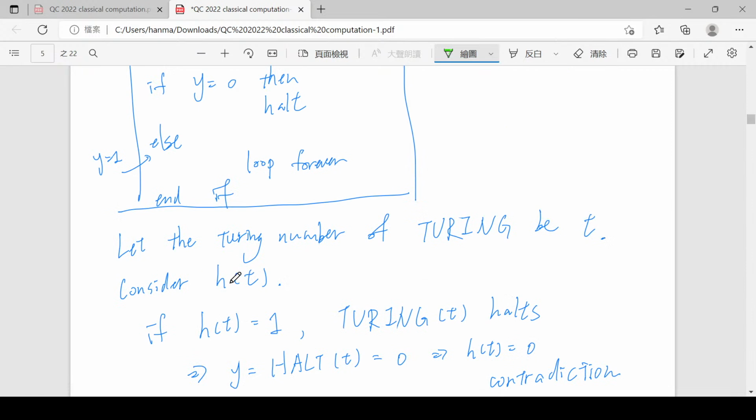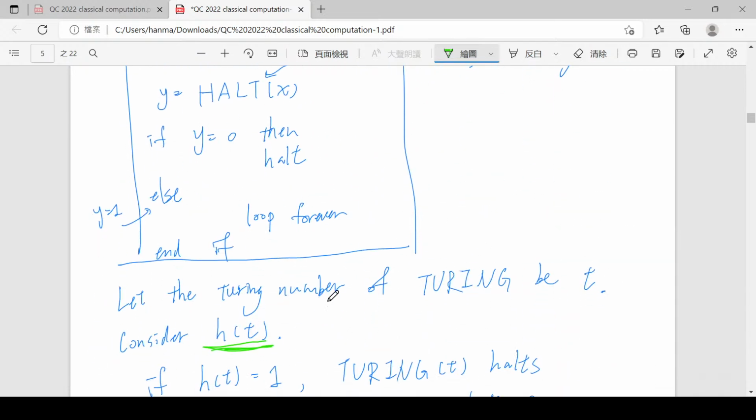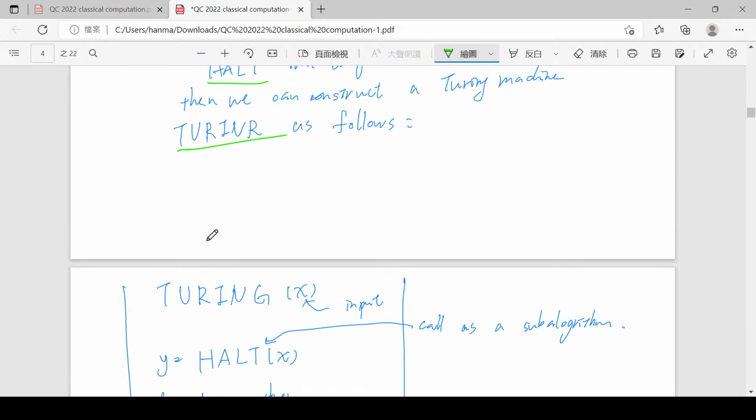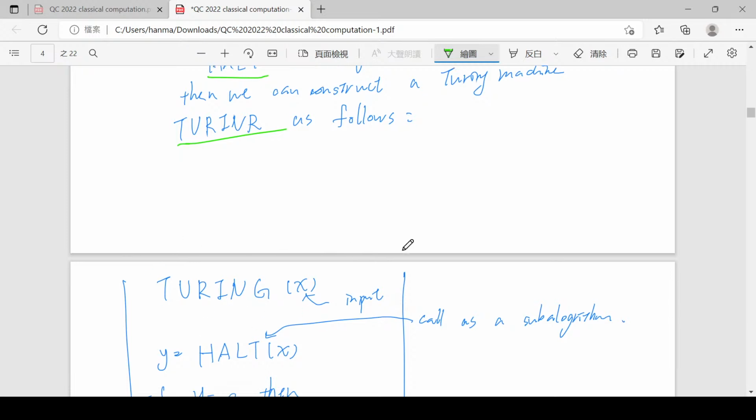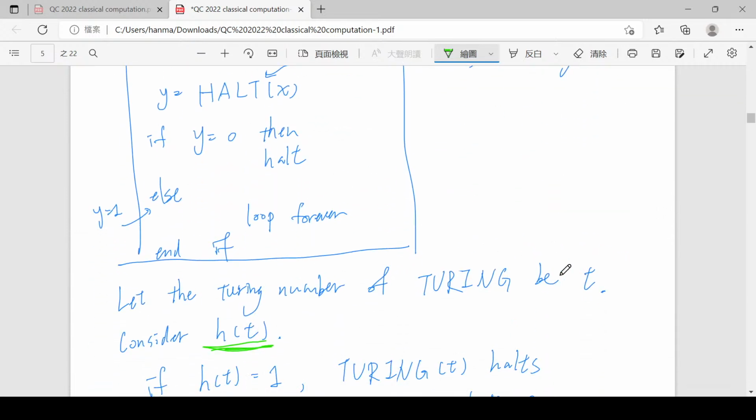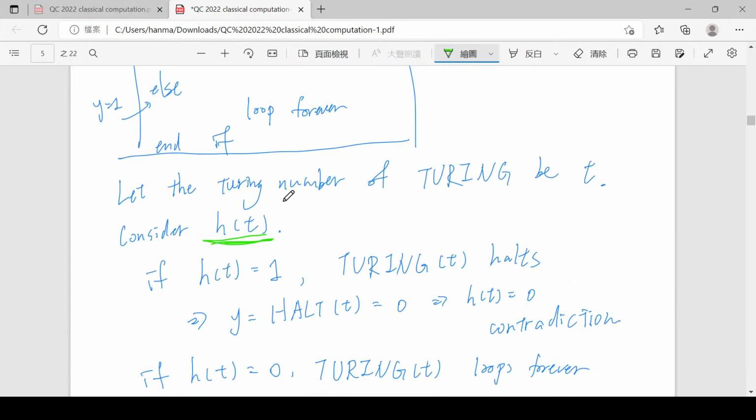So we consider what's the halt of Turing. Does the Turing machine halt on itself? So h of t is basically: does the Turing algorithm we defined halt on itself? Obviously, it has a Turing number t here, so we consider h of t.